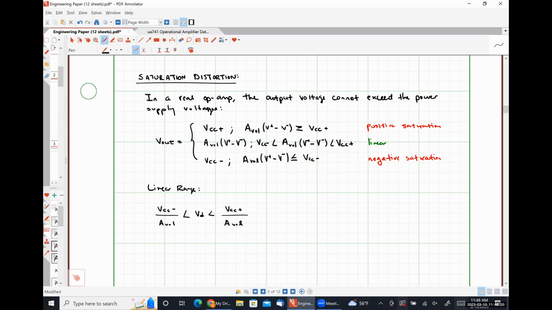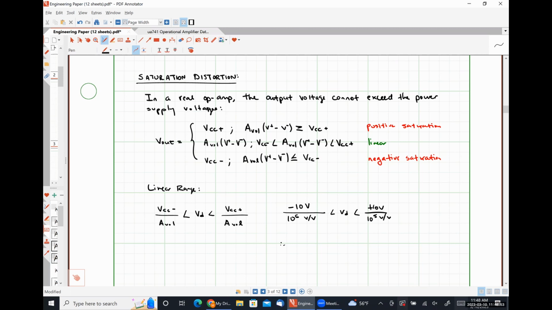So if we were to throw numbers into this, we would see that for the particular amplifier that we are looking at, where VCC minus was negative 10 volts, and AVOL is 100,000, the same thing as 10 to the 5 volts per volt, negative 10 volts over 10 to the 5 volts per volt will be less than VD, will be less than positive 10 volts over that same 10 to the 5 volts per volt.